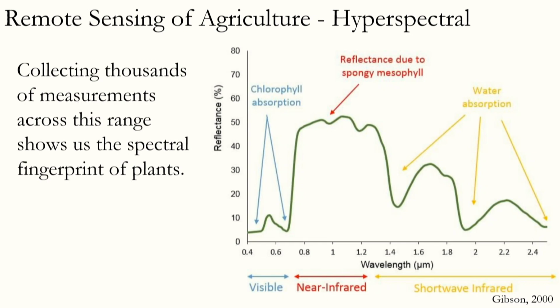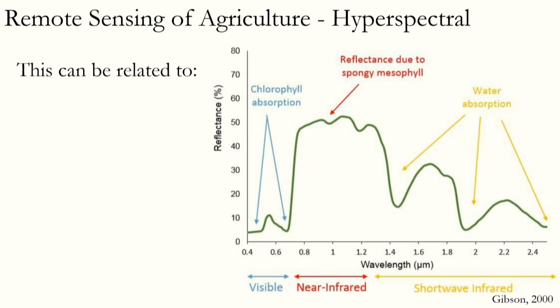And then if we move on to the near infrared, that region we largely think of as being controlled by the mesophyll tissue. So the integrity of that tissue will actually reflect radiation there. And then out in the shortwave infrared, that's largely controlled by the water content. So we see there's a lot of absorption there.